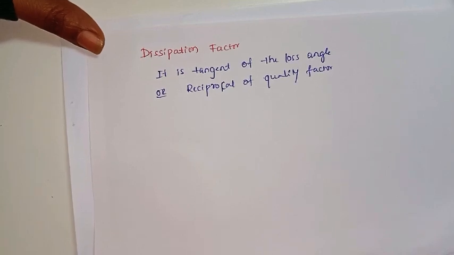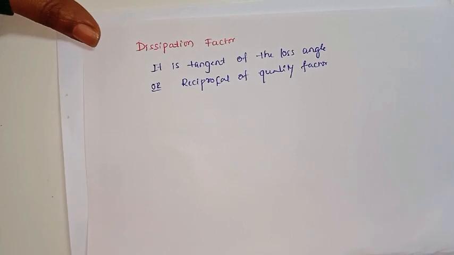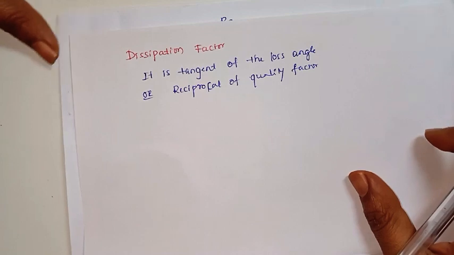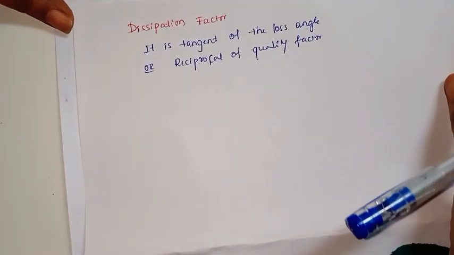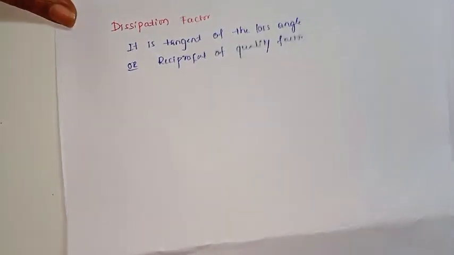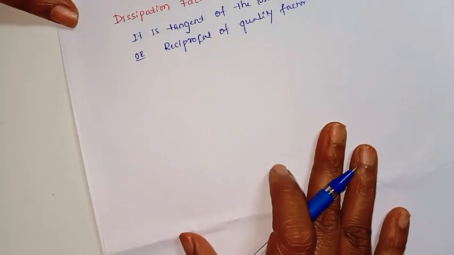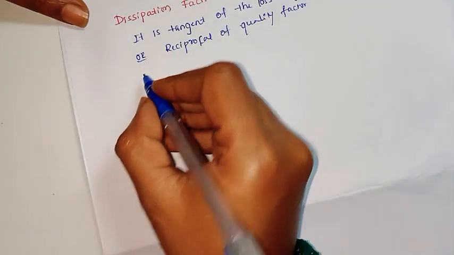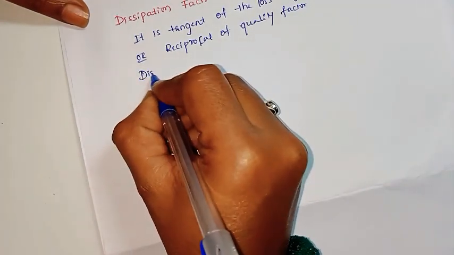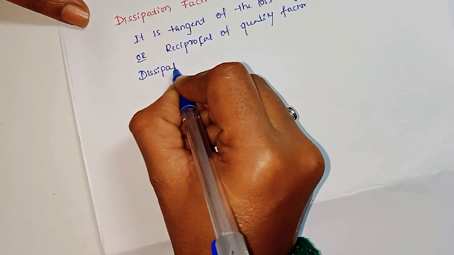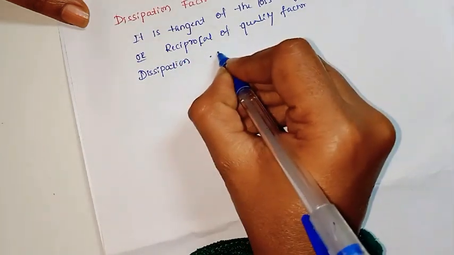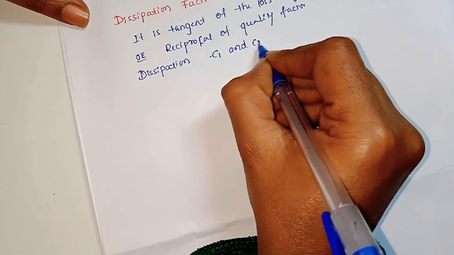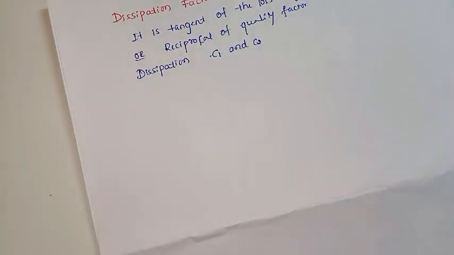Then quality factor is the goodness of the electrical component, equipment. It shows the goodness of the electrical equipment. Then here what we are calculating, we are calculating dissipation of capacitor C1 and C2.